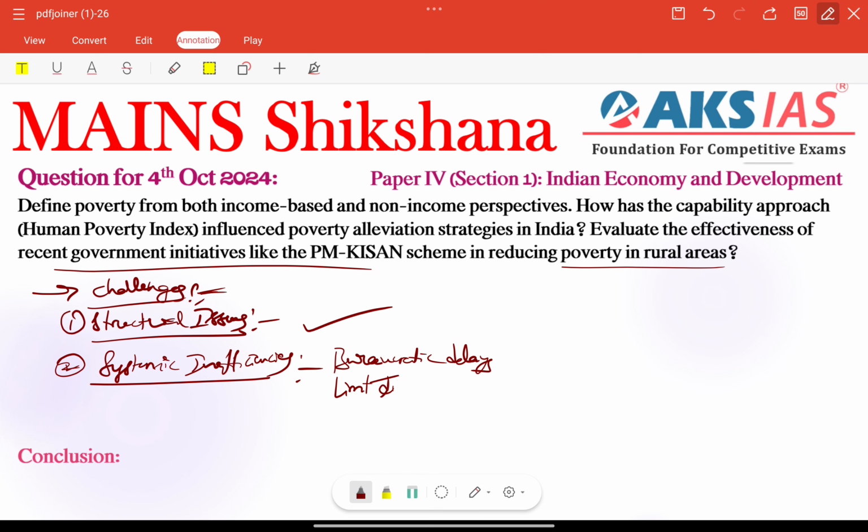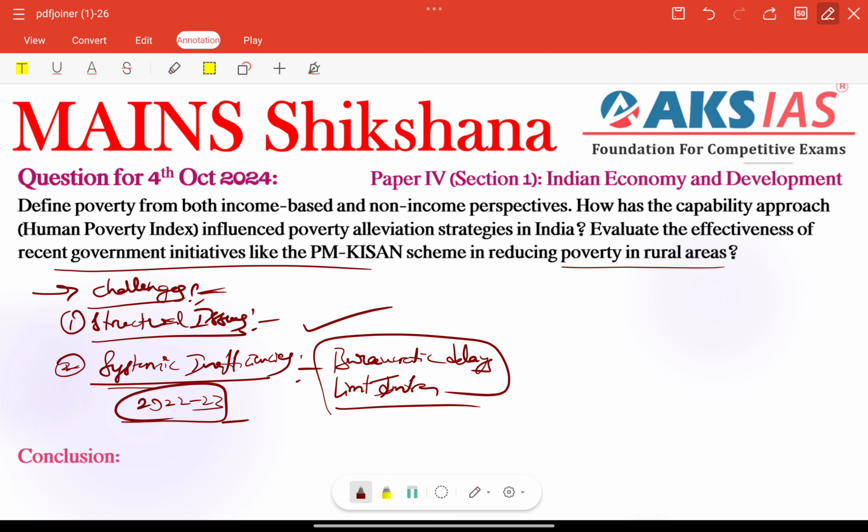All these issues regarding systemic inefficiencies, and inadequate digital penetration in rural areas, also hamper the reach of poverty alleviation programs to rural areas. According to the Economic Survey 2022-23, rural infrastructure gaps need urgent attention to accelerate poverty reduction. These facts need to be focused on here.